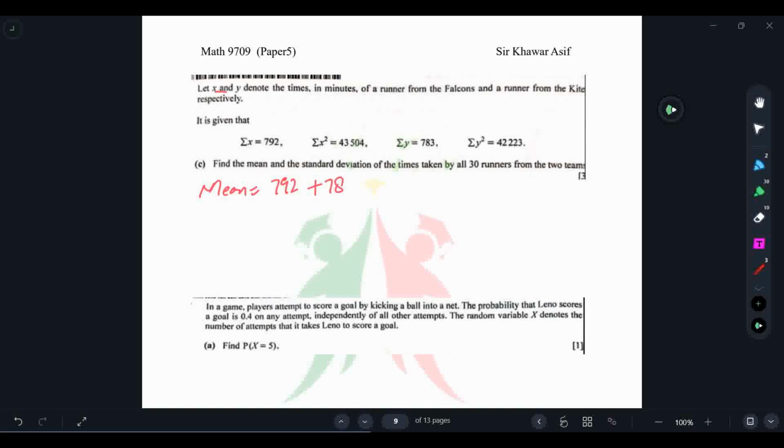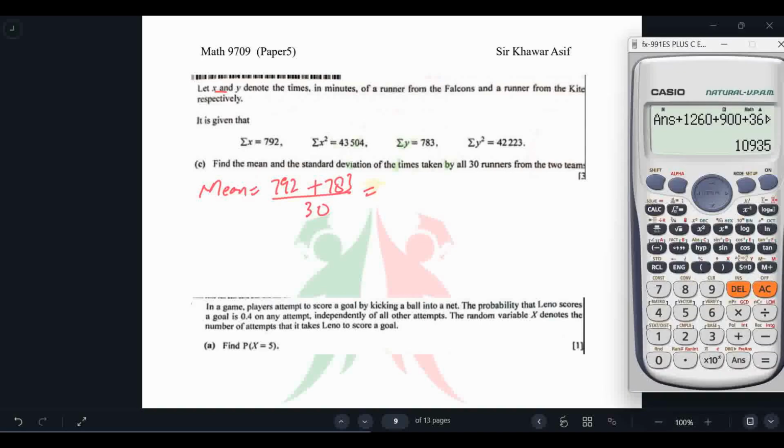So 783, whole divided by the total 30 runners we have. So mean will be equal to the fraction 792 plus 783, whole divided by 30.